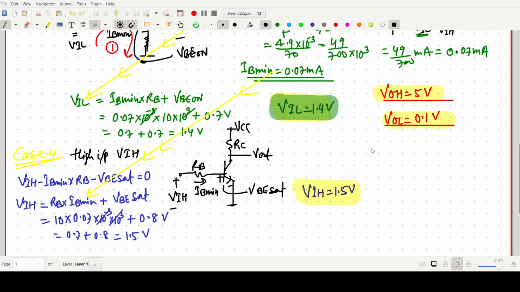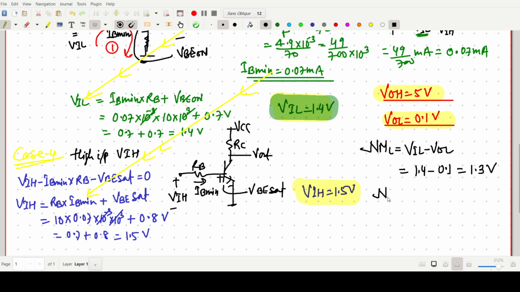For this purpose we can directly write our formula that we have already written: NML equals VIL minus VOL. So it should be input low voltage, that is our 1.4, minus VOL 0.1. So it should be 1.3 volt.